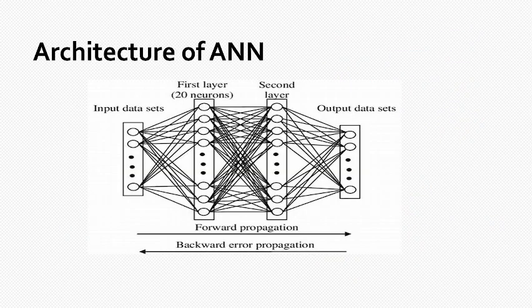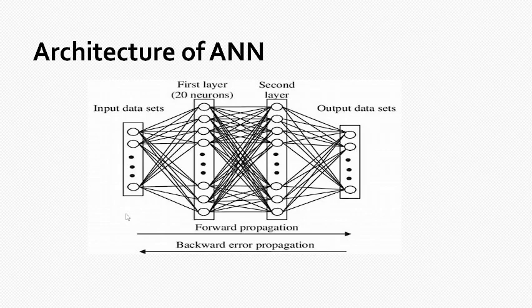Now let's look at the architecture. This is one of the typical architectures of ANN. If you look at my cursor, this is the input, and this is not a neuron; basically it is a placeholder. This is the output layer. Between these two, all the layers are called hidden layers.